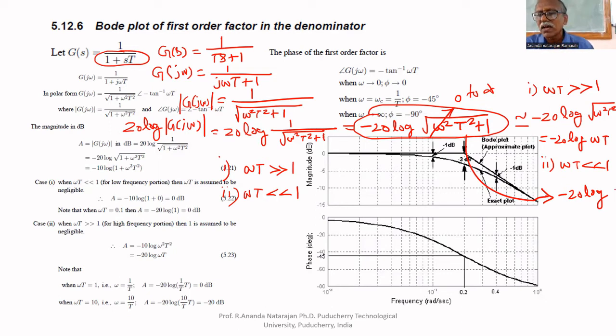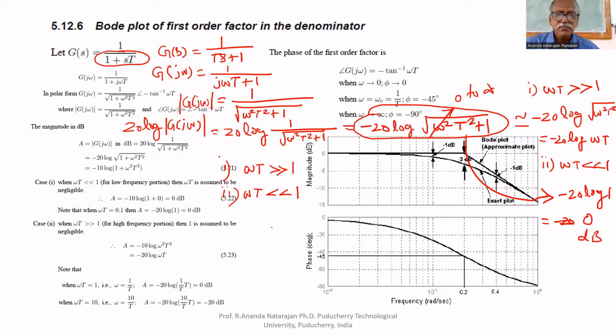Therefore, it becomes minus 20 log 1, that is minus 20 multiplied by 0. That's why 0 dB. So if omega tau is far greater than 1, the equation becomes minus 20 log omega tau. If omega tau is far less than 1, it is equal to 0 dB. Only two cases.